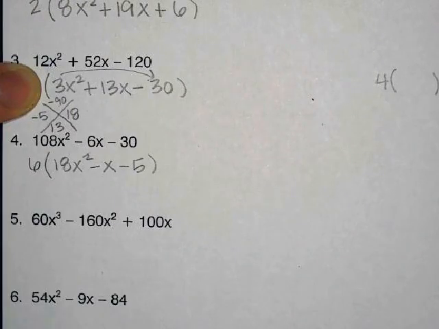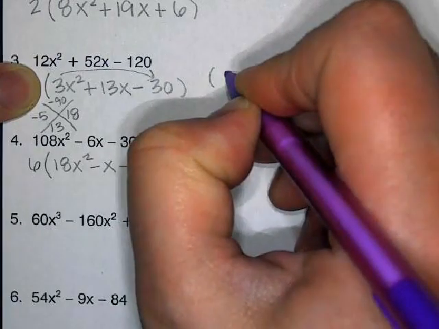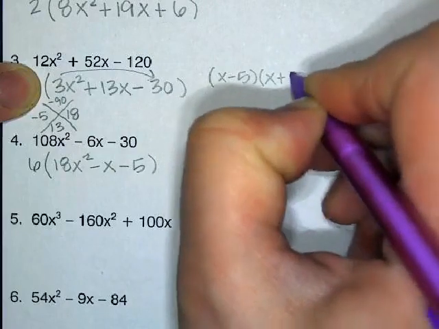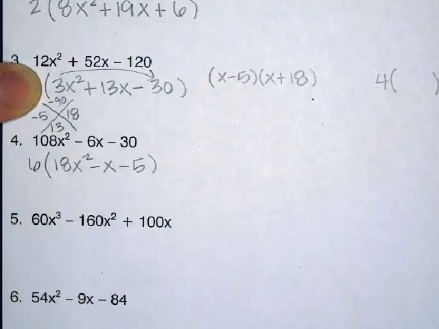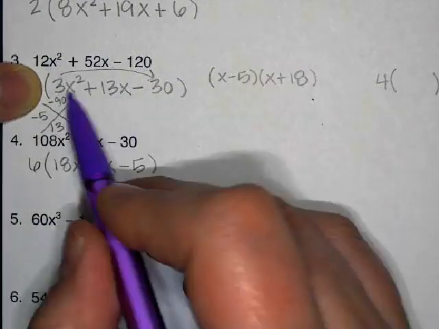So we're going to have x minus 5, x plus 18. There's our two parentheses. And now what do we do? Divide by 3. The number that we slid was a 3, so we're going to divide by 3.